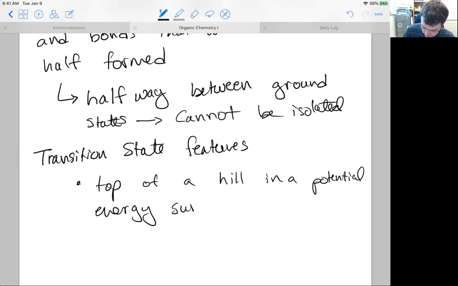We're going to look at specific examples in the next lecture, but the surface so far looks something like this. This is the very top, our TS for transition state.